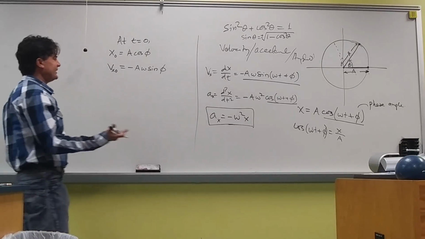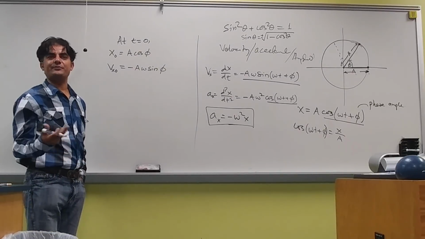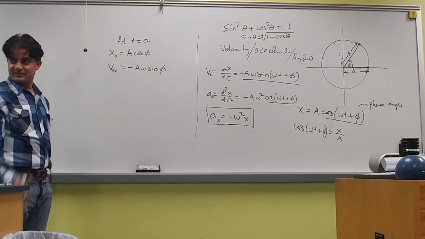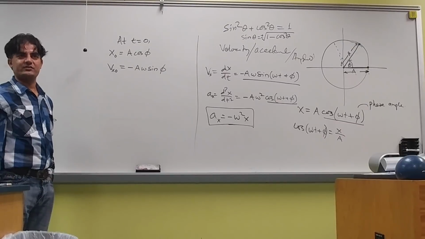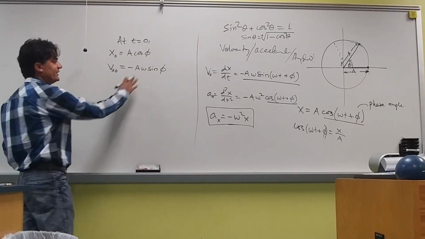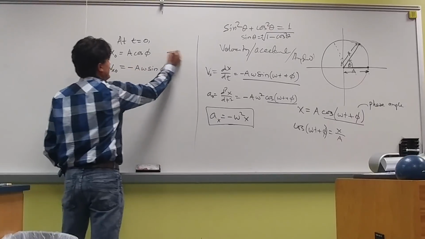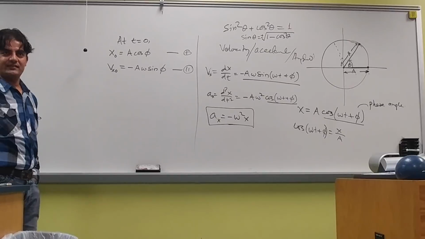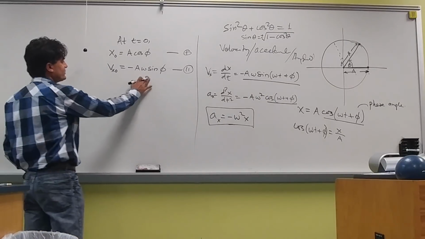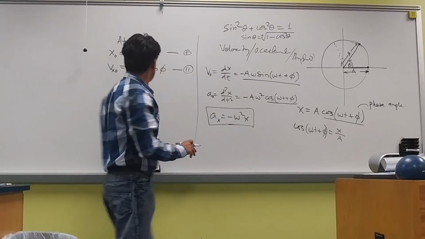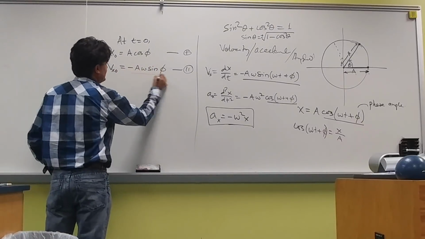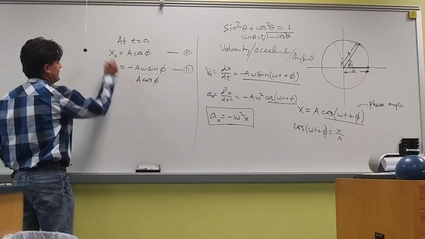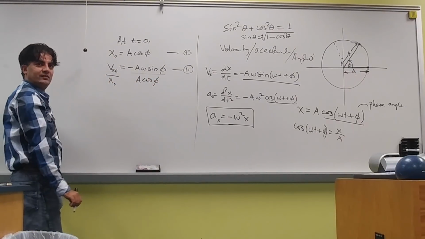So if I want phase, it's very simple. First let's calculate phase, then we'll go with the amplitude. In order to calculate phase, you divide this by this. I divide A sine phi omega by A cosine phi, which is x0.